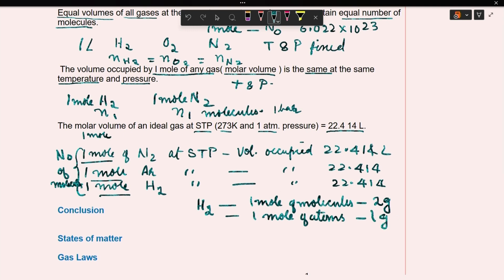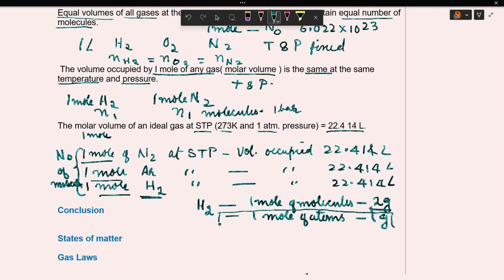So, you should not confuse it. If I have taken H2, it is hydrogen gas, so the mass is 2 gram. This will occupy a volume of 22.414 liter. It is not hydrogen atoms, so do not confuse it with that.